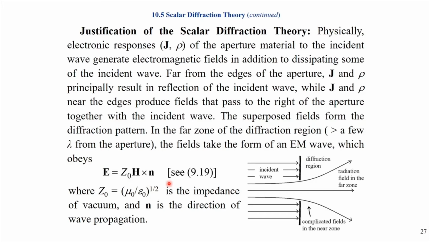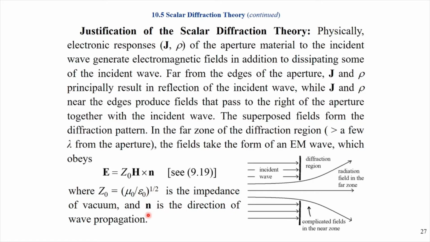Remember, this is our midterm exam problem. Prove this one. You can also see equation 9.19, where Z0 is the characteristic impedance, or the wave impedance, of the vacuum, 377 ohms.